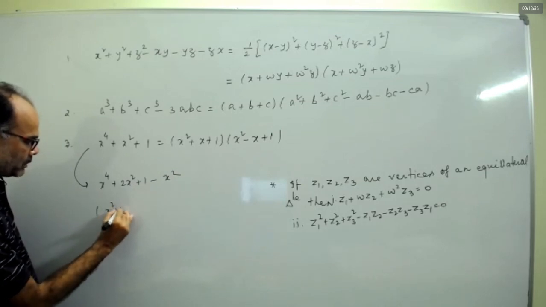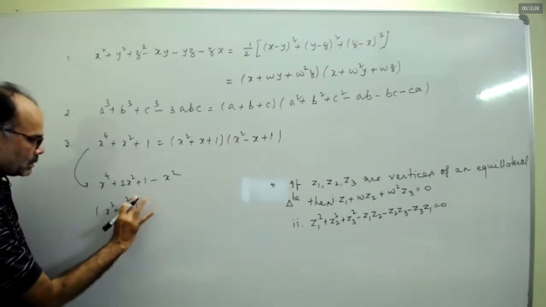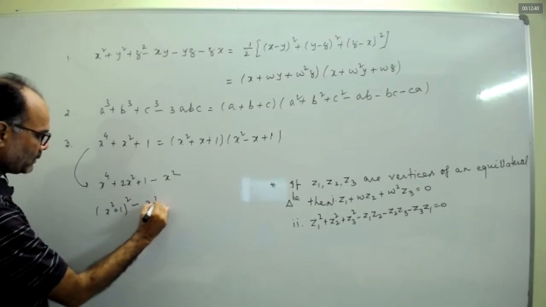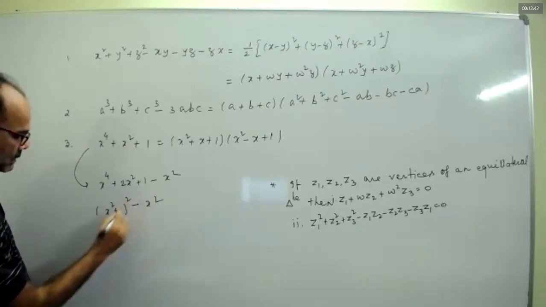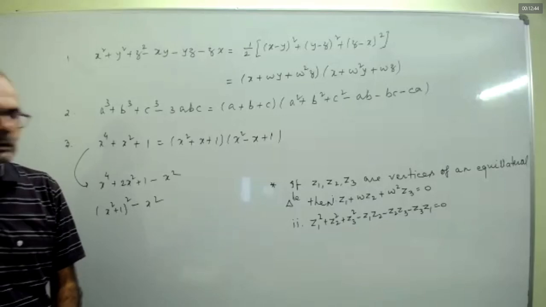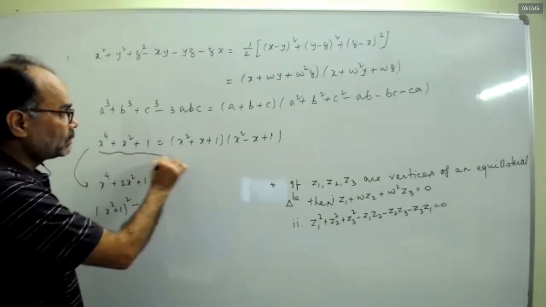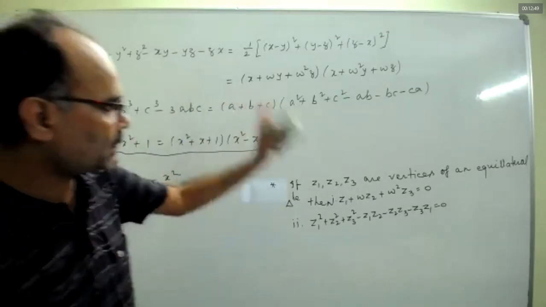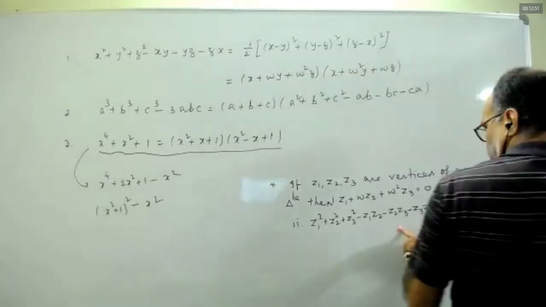It is (x square plus 1) square minus x square, which is a square minus b square, (a plus b) into (a minus b). So this expression will also come again and again. You can write it separately. Now the second part is also over.